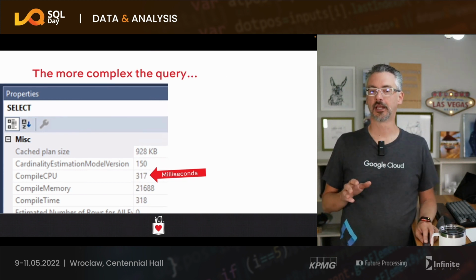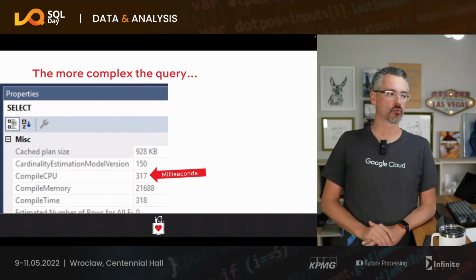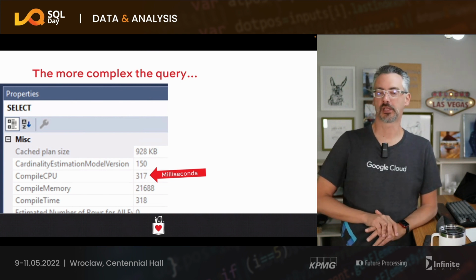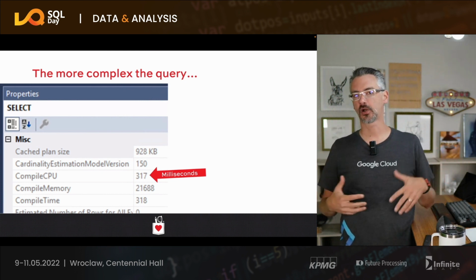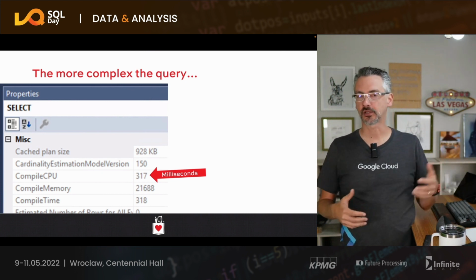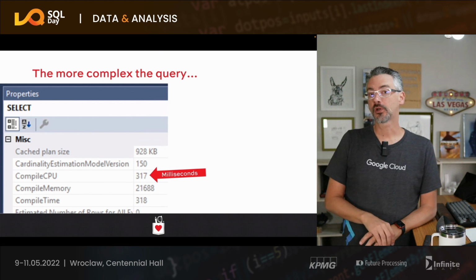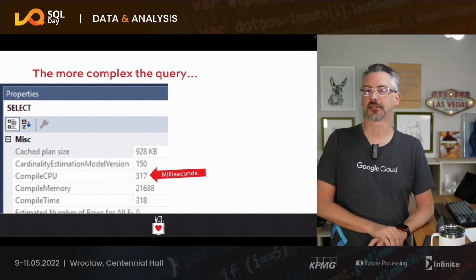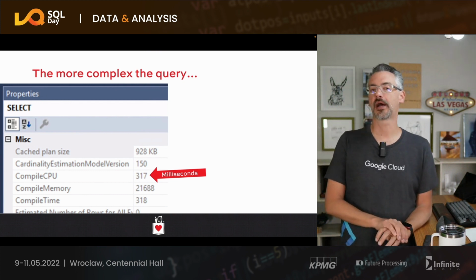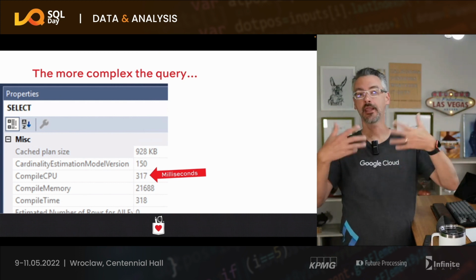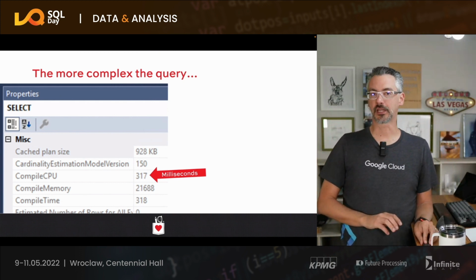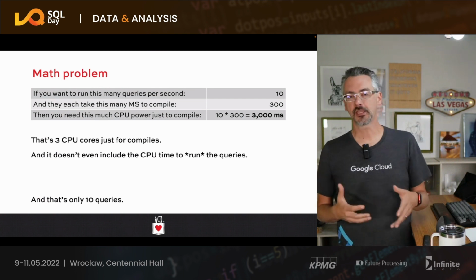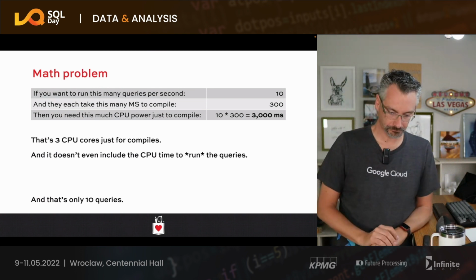When we're thinking about the kinds of queries that we've been running so far today, 11 milliseconds is nothing. But when you put in a more real-world query, something more complex, that calls functions, has joins out to other tables, then we're talking about hundreds of milliseconds in order to compile a query. To you and I, hundreds of milliseconds sounds cheap. But think about it at scale.